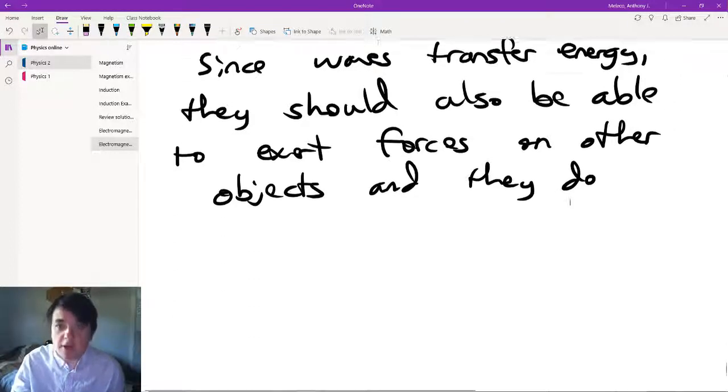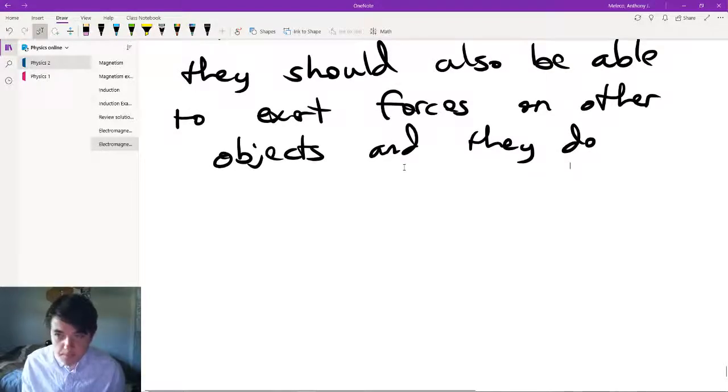Okay, so waves can interact with you and exert forces in the process.